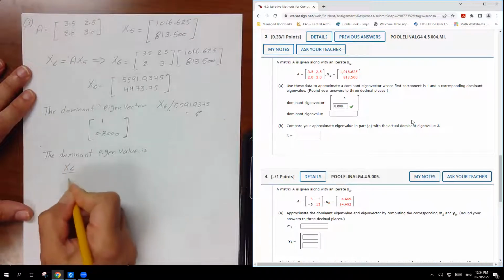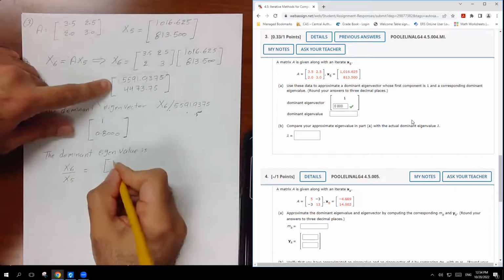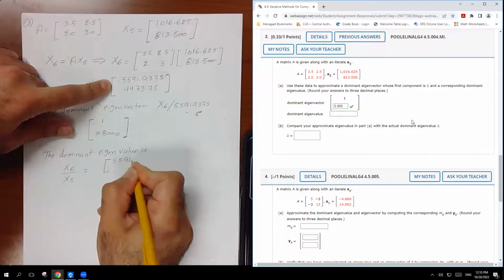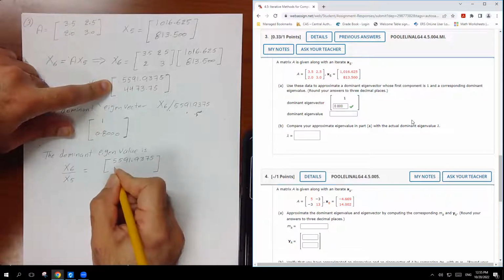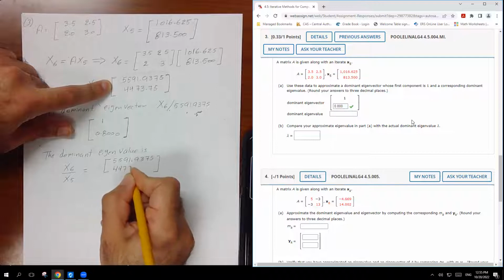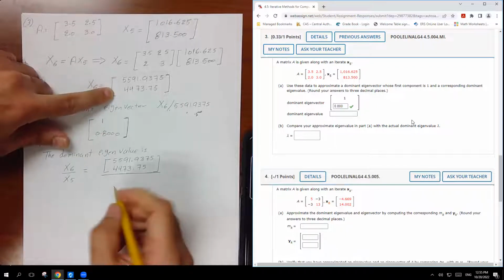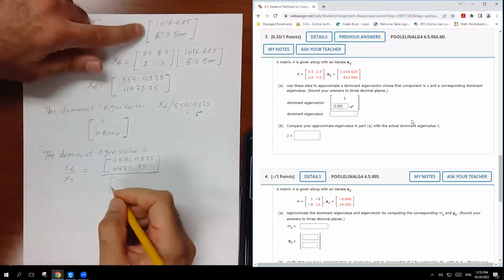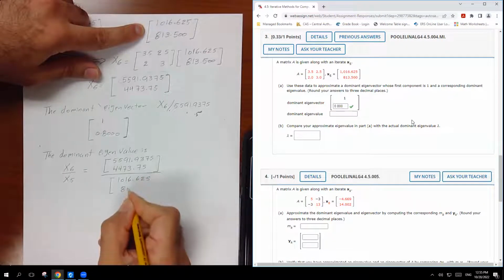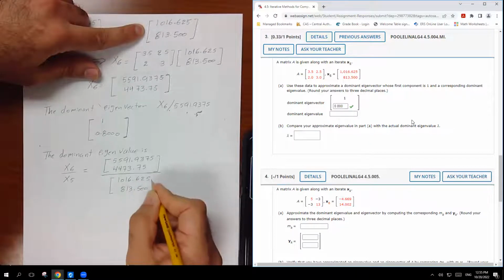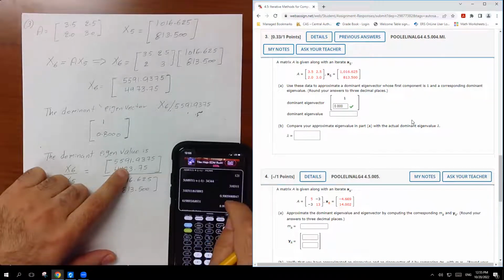So x6 divided by x5, which is equal to x6, this vector 5591.9375 and 4473.75, everything divided by x5, which is 1016.625 and 813.500. That means I'm going to divide.